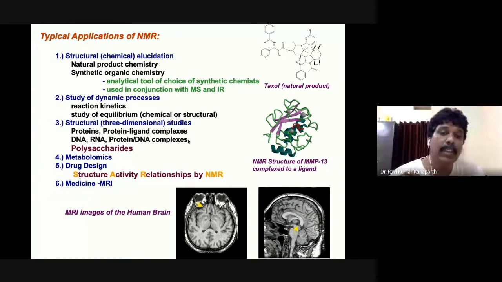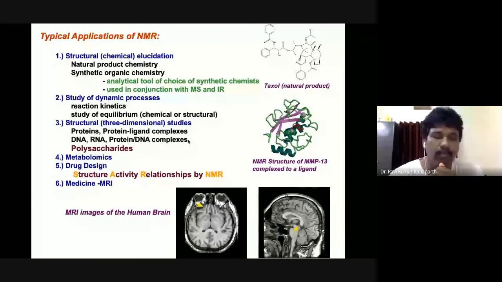Those are X-ray diffraction techniques and the NMR technique. Of course, NMR is not as widely used as the diffraction technique, but it has its own share: roughly 5% of the protein structures solved till today are based on NMR techniques.